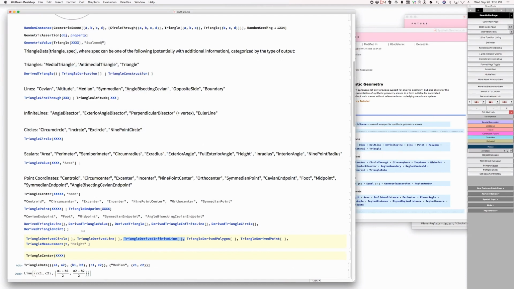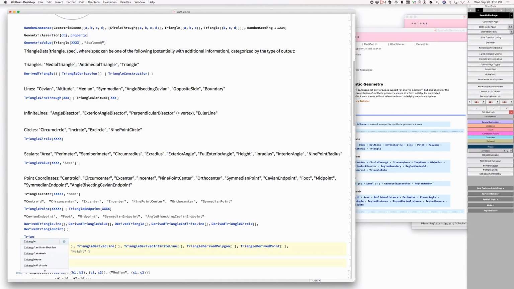And construction could be various different things. So what are you proposing that triangle construction would be? Lines, infinite lines, polygons, circles. Yeah. That doesn't seem stupid to me. Let's look through that for a second, okay? So that would be something like triangle construction.